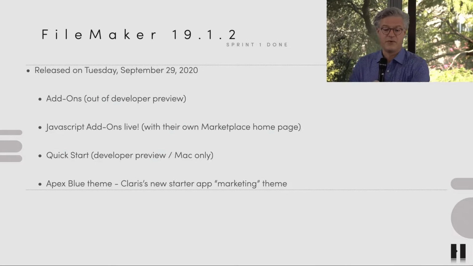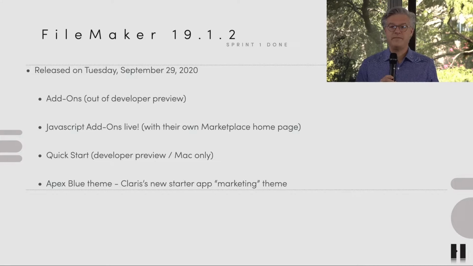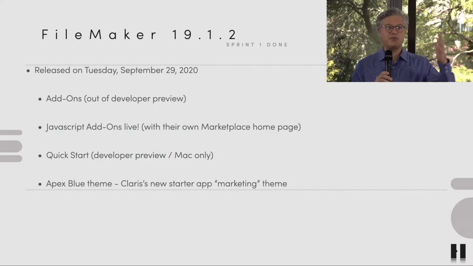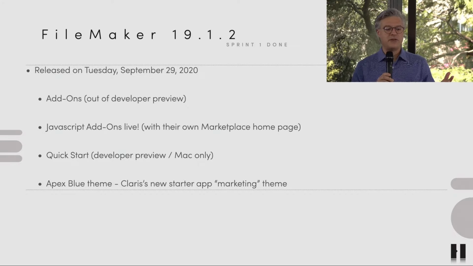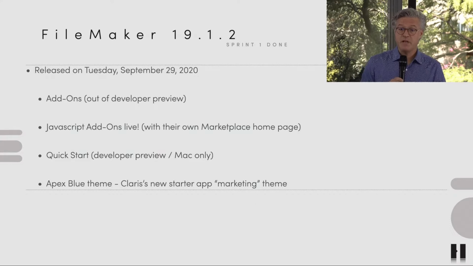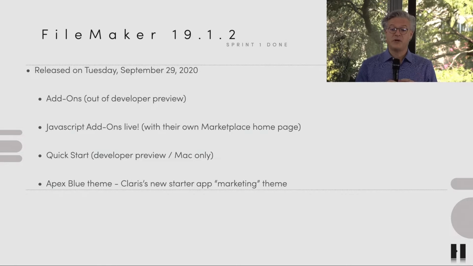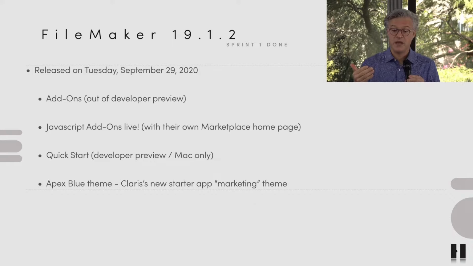Well, fast forward to this past Tuesday. We've got FileMaker 19.1.2. So in agile terms, sprint number 1 complete. Now that 19.1.2 is shipped, it really makes good on most of the marketing promises from May. We've got the add-ons out of developer preview, including we can make our own now. Those JavaScript add-ons are alive. They have their own marketplace homepage, and some partners have already started populating their add-ons in there.